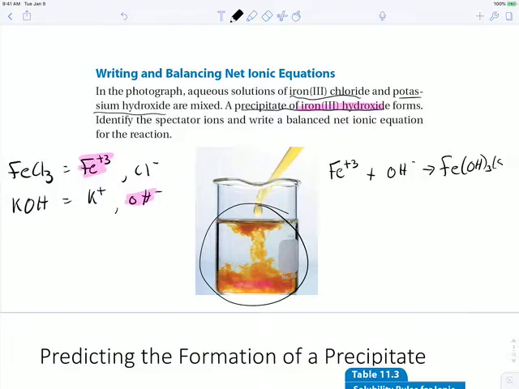And that is a solid. So we want to balance this, which means because we needed 3 hydroxides to make our compound, we put a 3 here and now we're balanced. So that leaves us with the spectators of what's left. So my spectators here are potassium and chloride.